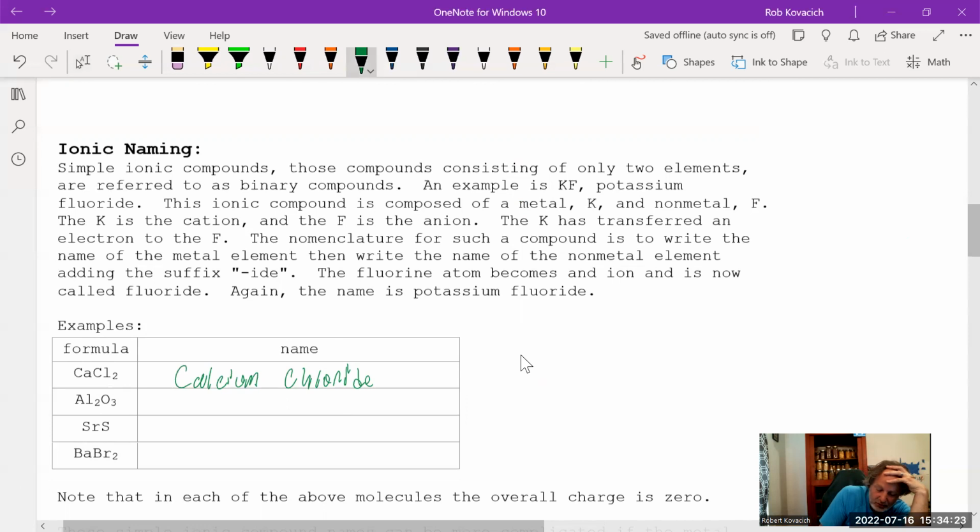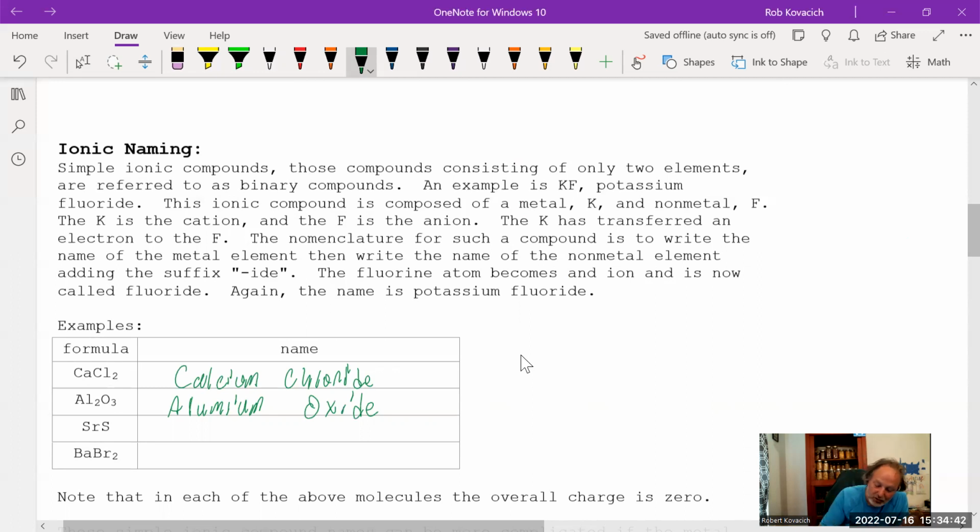So the next one is aluminum oxide. And again, I don't say dialuminum trioxide because that's not how ionic nomenclature works. I just say the name of the metal and then I say the name of the non-metal with an -ide ending.